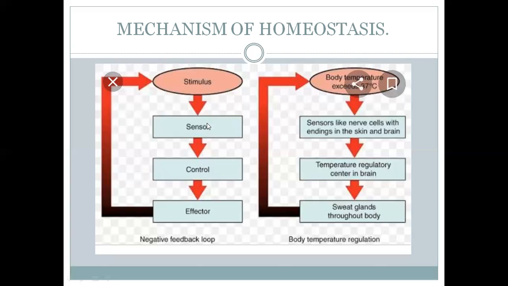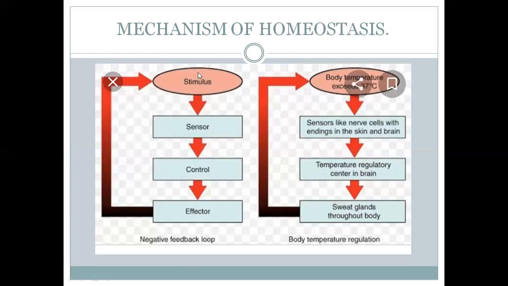The stimulus is received by the sensors, and then it is sent to the control center. From the control center, that stimulus is interpreted, and then it is sent to the effector. Effector in this case can be the muscles or the glands of the body. So this is generally a loop that is showing us the mechanism of homeostasis.